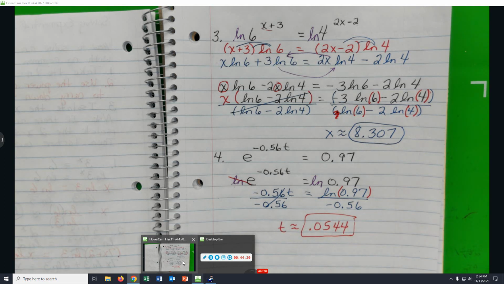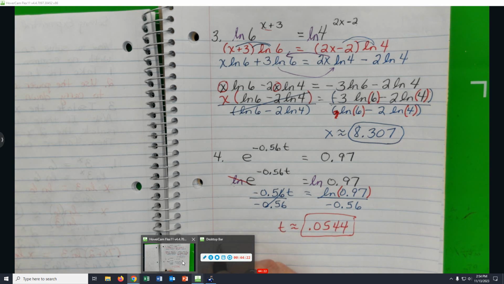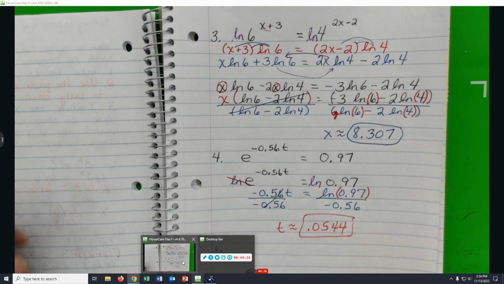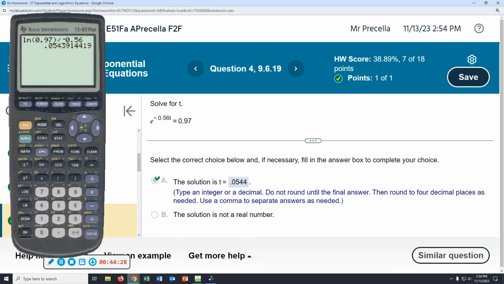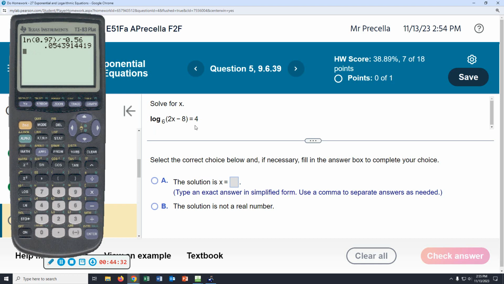We've done 4. Starting with number 5, let me write it down, then I'll see if I can jog your memory that we were sort of doing problems like this the last time. It says solve for x. How does this problem differ from the first three? Well, hopefully it's blatantly obvious.